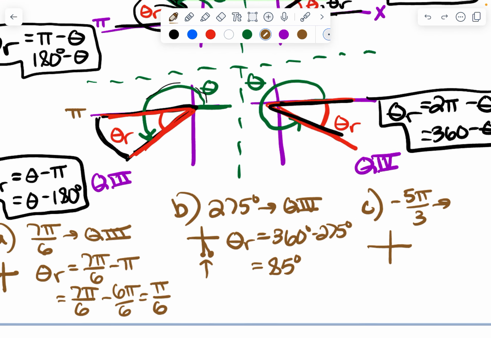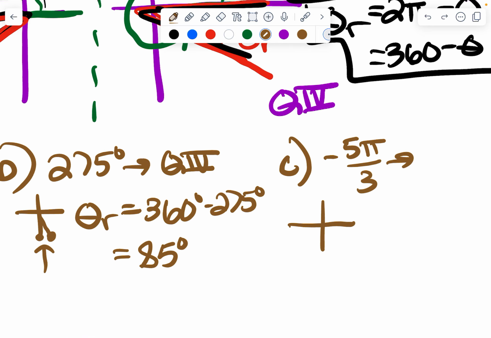So if I think about 5 pi over 3, the positive one, that's going to be in quadrant 4. But if I have negative 5 pi over 3, I can reflect that vertically, and I can find it in quadrant 1, which means negative 5 pi over 3 is also pi over 3. They are coterminal angles. They are exactly the same.